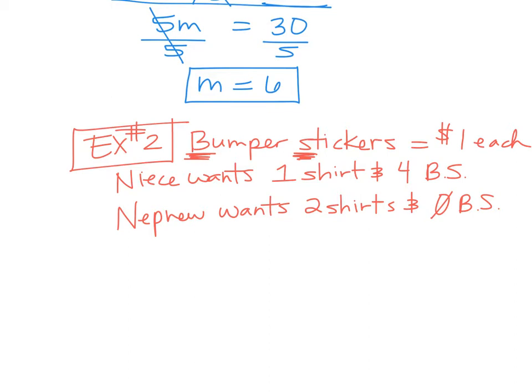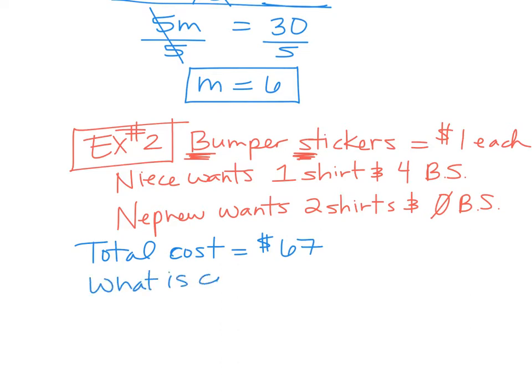The nephew wants 2 shirts and no bumper stickers. If the total cost of shirts and bumper stickers, total cost is $67. Okay, so she's going to spend $67 on her niece and nephew for all of this stuff. The question is, what is the cost of a shirt?